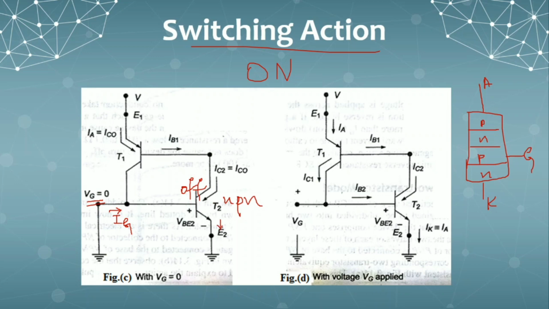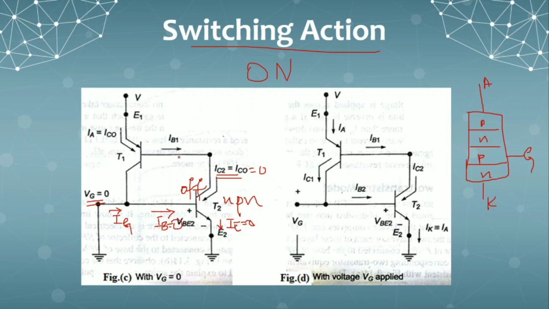It means that the emitter current IE will be equal to 0. What is this emitter current? It is nothing but the collector current, because base current IB is obviously 0 here. So, IE will be equal to IC2, and IE equal to 0, therefore IC2 is also equal to 0.